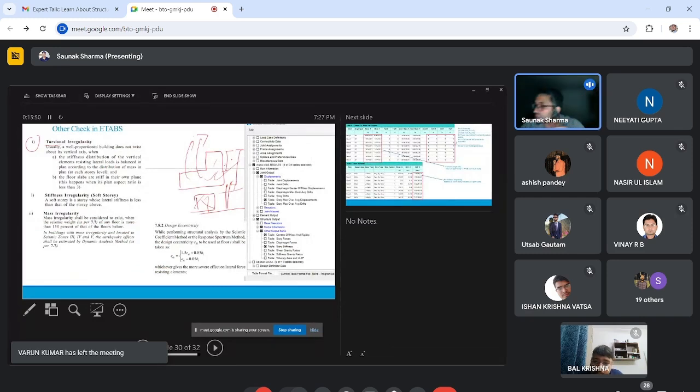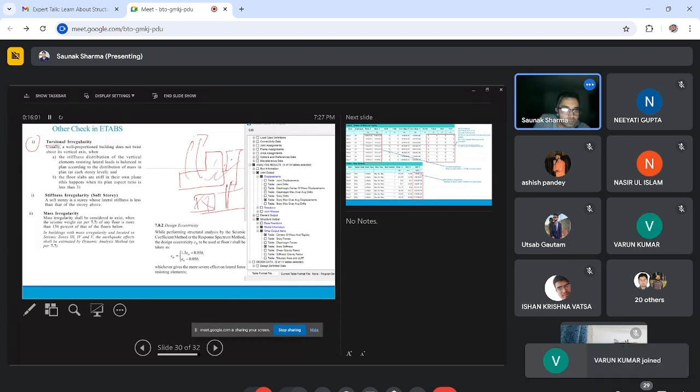So in torsional irregularity, what is given here, we'll go to in another slide. There is an explanation. First, let us understand those torsional irregularities. What is it? The deflection at this point and this point.